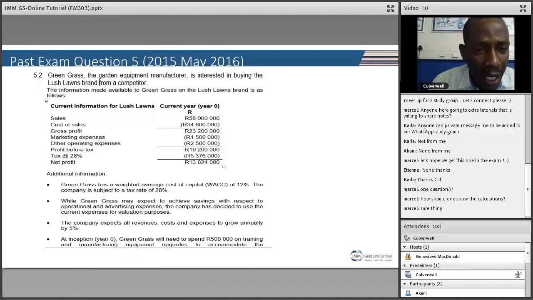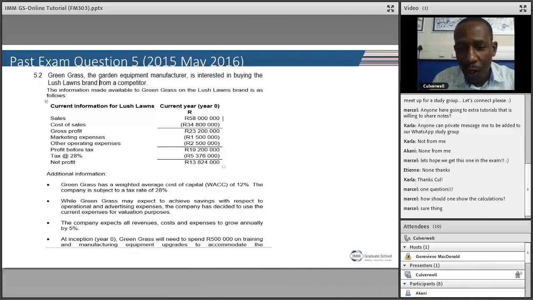I also paid attention to a paper, I think it wasn't May, it's the May 2017 paper instead. So I will also give you just a moment. In actual fact, you've got the paper in front of you, I suppose. I want us to conduct a brand valuation using the income approach. And it's as simple as it gets now.